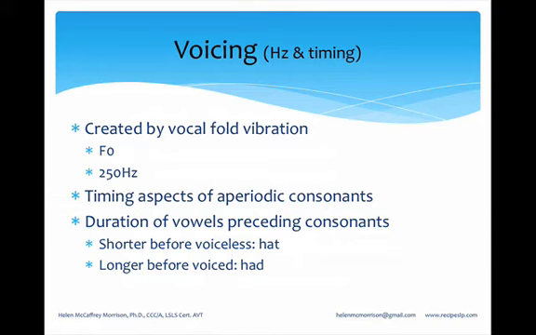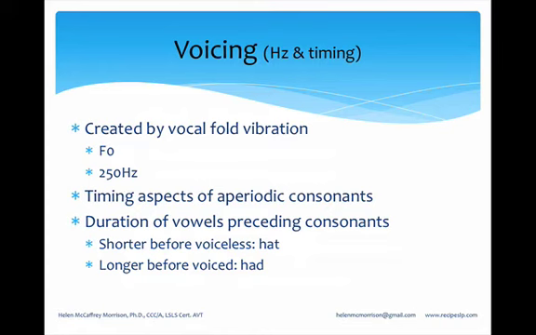But in particular, with regard to some of the aperiodic consonants, we'll also be looking at some timing aspects. And we'll talk about that in much greater detail when we get to that particular kind of consonant, in particular the plosives. But there's also some timing aspects within the production of the consonant that helps the listener know that a consonant is voiced or unvoiced.